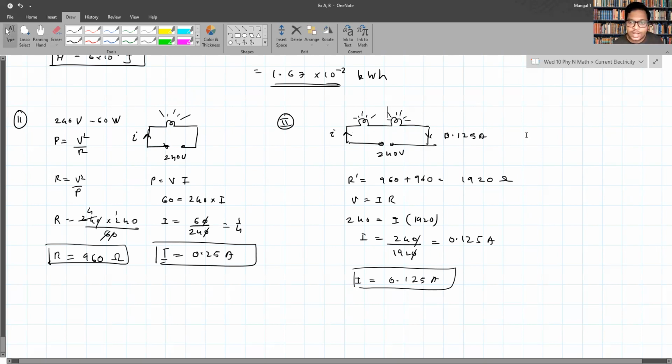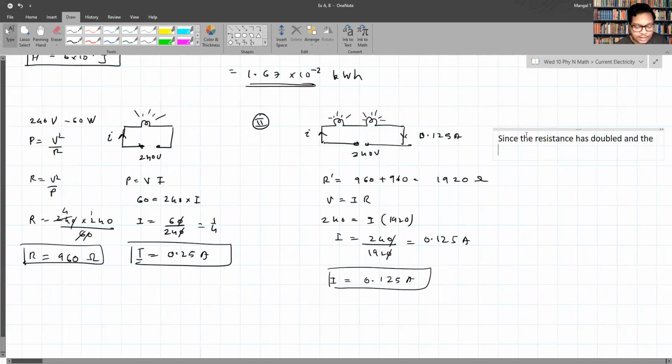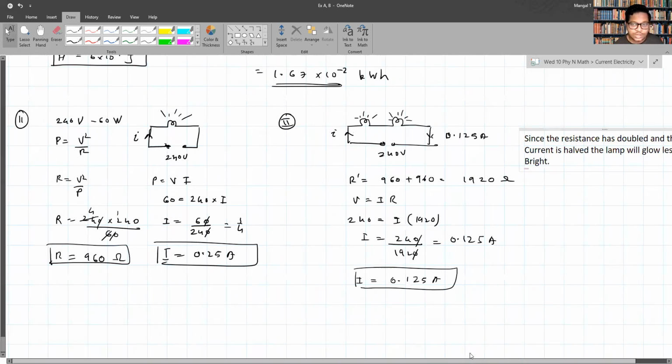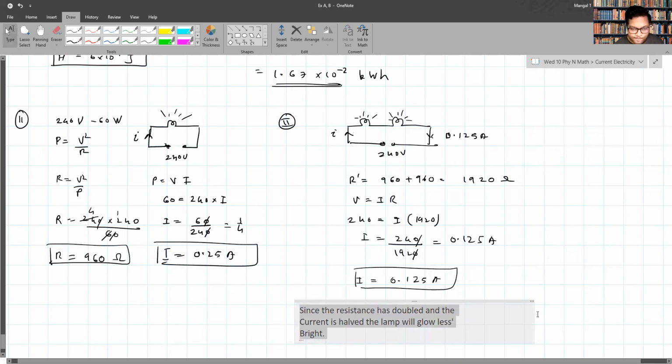And the reason for that is since the resistance has doubled and the current is half, the lamp will glow less bright. Okay, so that's the answer to question number 11.